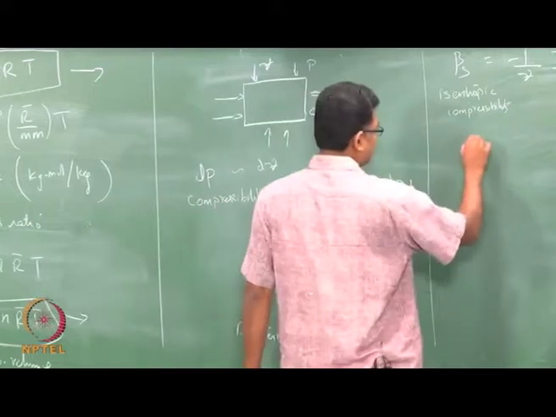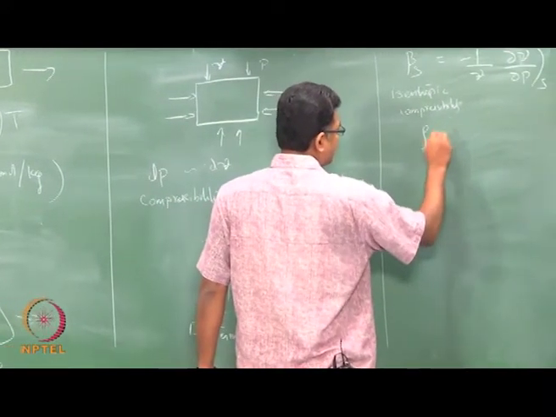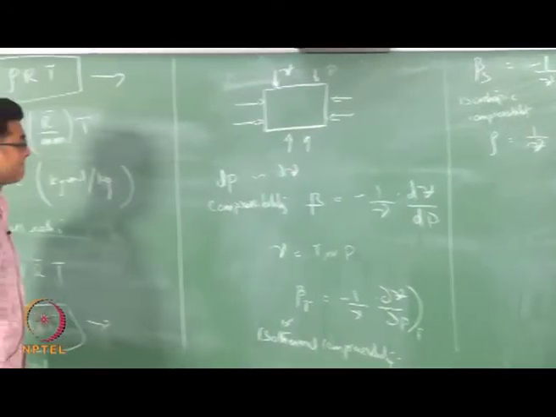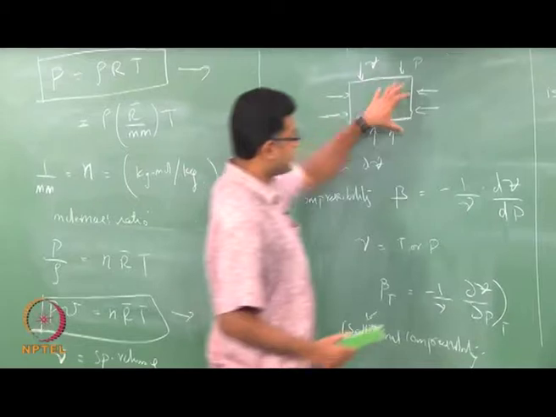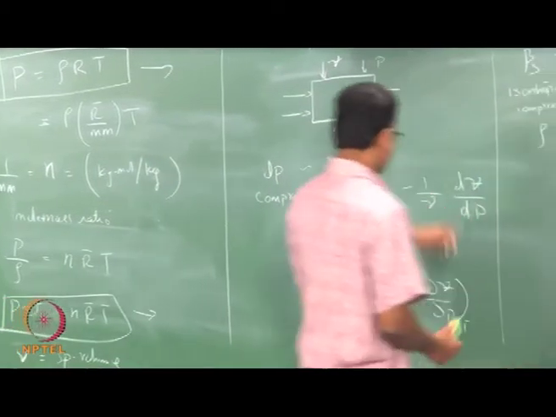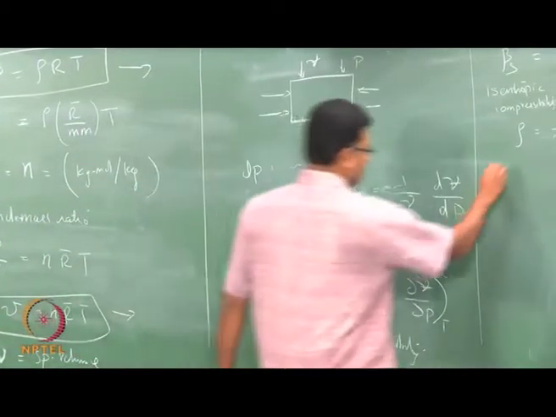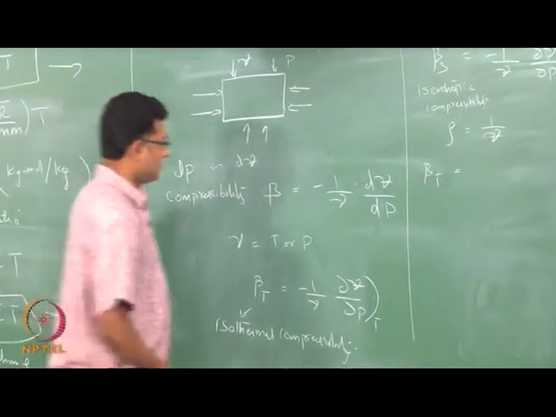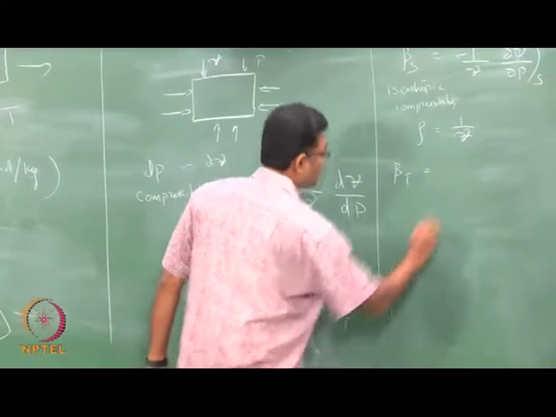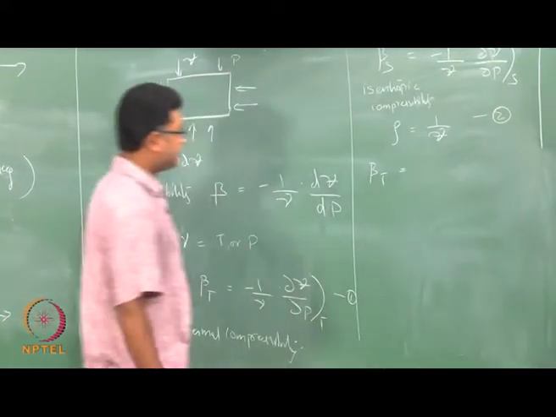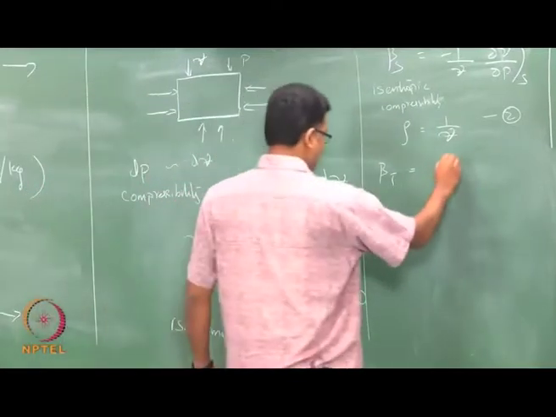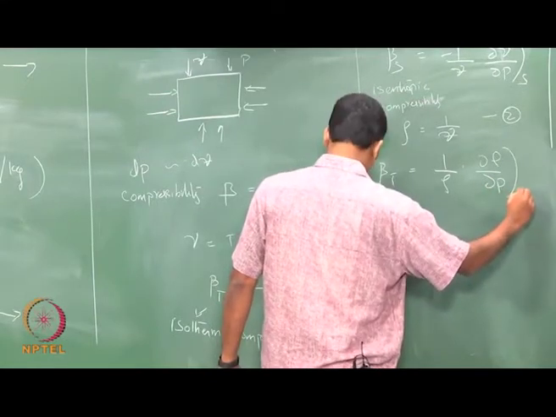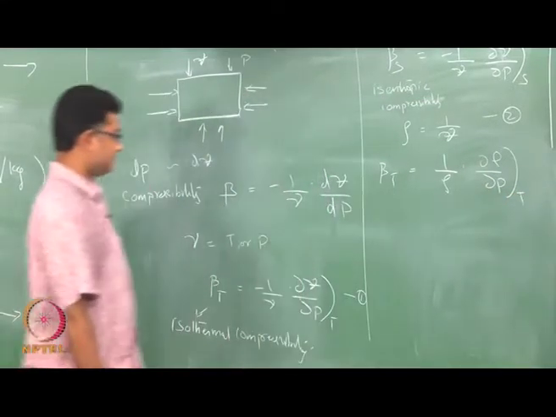Now, we also know that density is nothing but 1 by specific volume. Now, if I am talking about specific volume change here, then I can rewrite these equations. Say for example, beta T, I substitute this in here, so substitute 2 in 1, I should get 1 by rho d rho by dP at constant temperature.